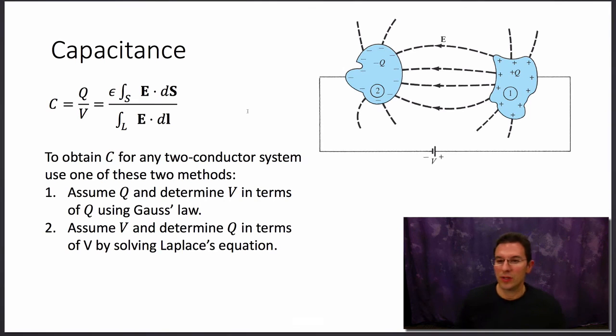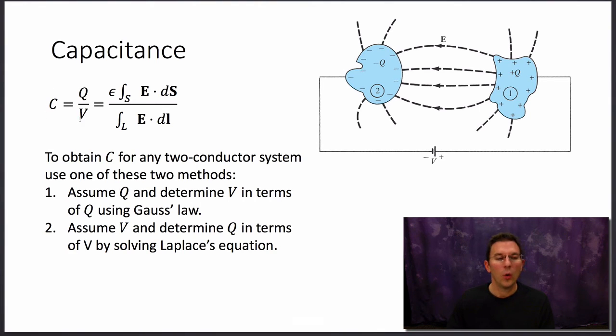Okay, now let me address this issue about the capacitance being a measure of the efficiency of a structure, or I should say a measure of how efficiently a structure can store charge. Okay. If you look at this expression right here, Q divided by V, what this is in a sense saying is that let's say we fix our charge Q. If the potential difference between the two bodies here increases, then clearly the capacitance is going to go down.